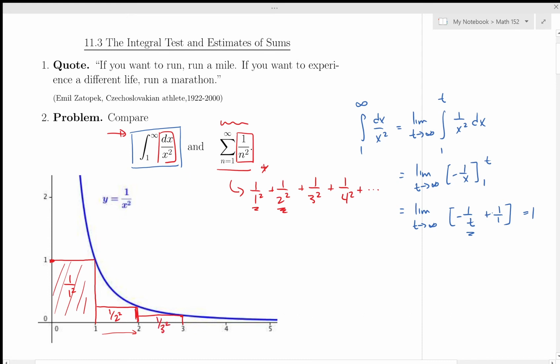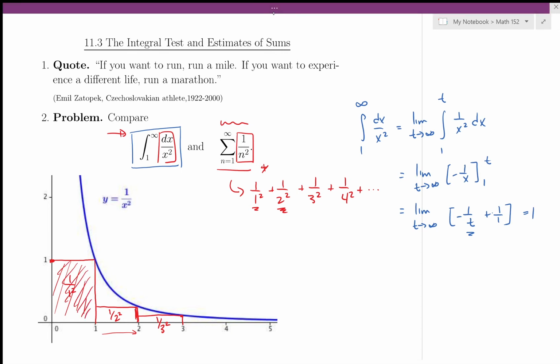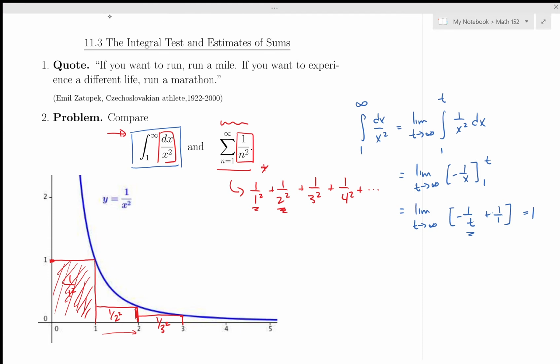So the first thing you could see is that we know this area is starting from 1, the improper integral. So we could see that the improper integral, the area under the blue line, is more than the area under all of these squares.